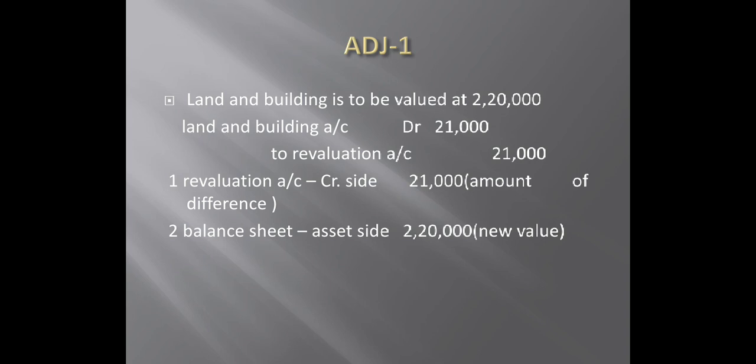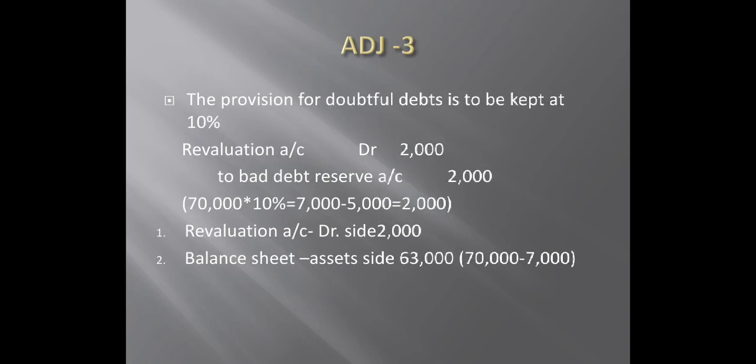So this is how 2,000 has been written in the journal entry. This was the first effect for this adjustment, that you are going to write on debit side of revaluation account 2,000 rupees. Please check the solution in your textbook.